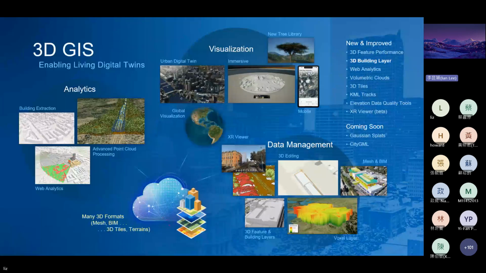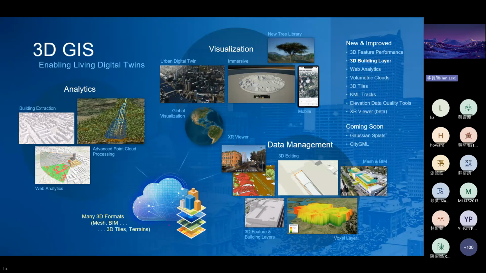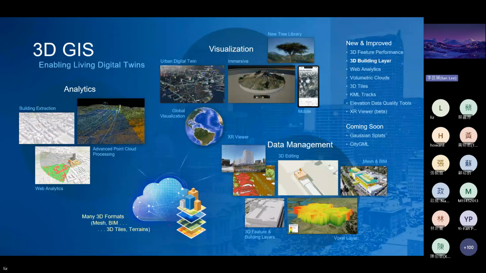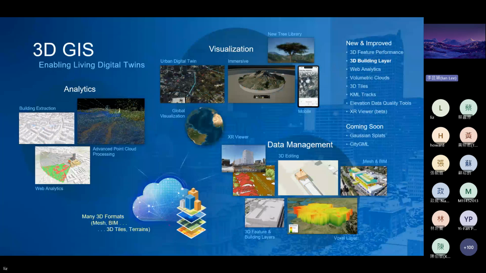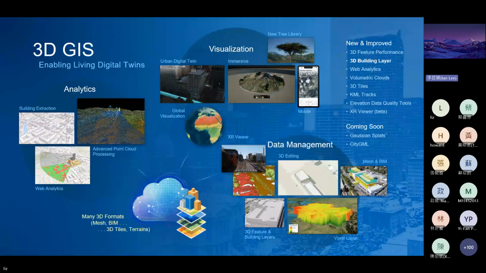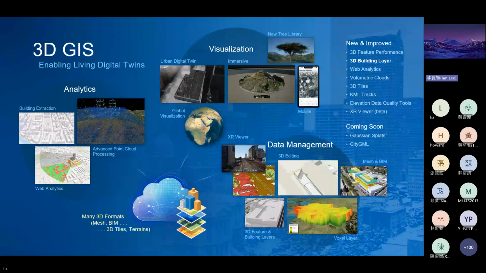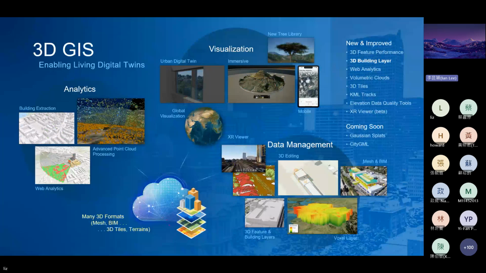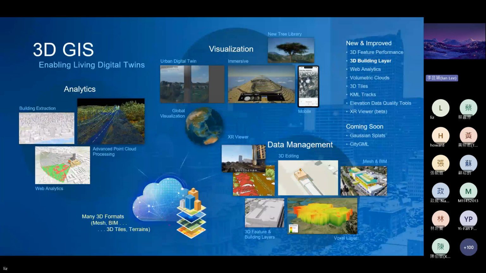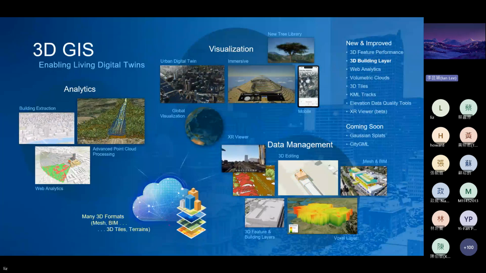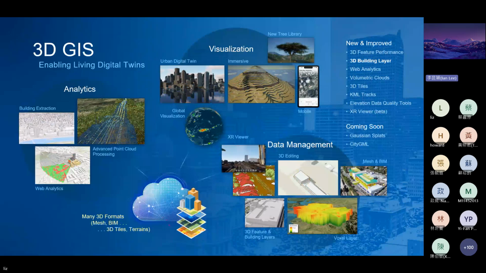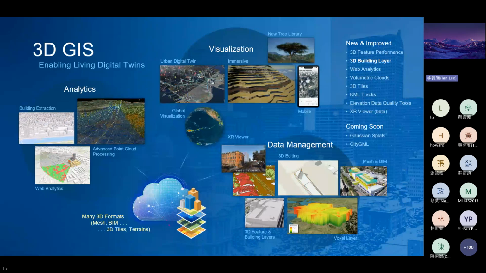And GIS is increasingly becoming 3D, enabling living digital twins. People are building data models that are completely 3D, and the software has been refined to edit and update 3D features and mesh, bringing in all kinds of 3D data like BIM models and so forth.